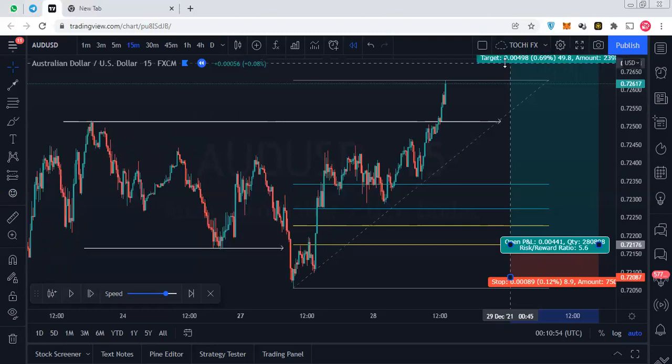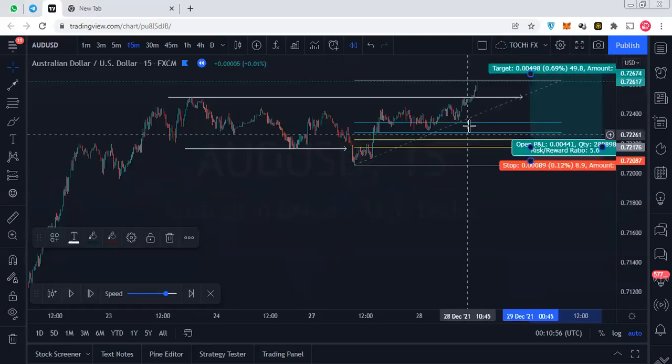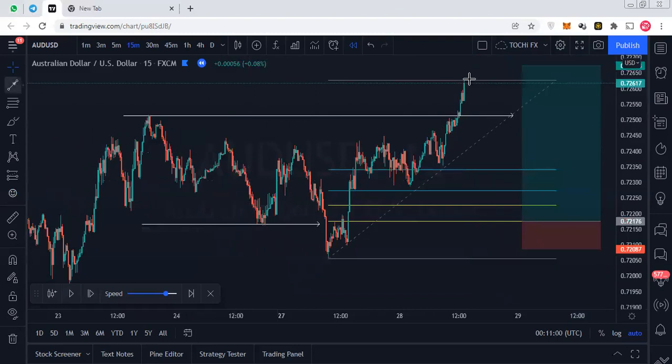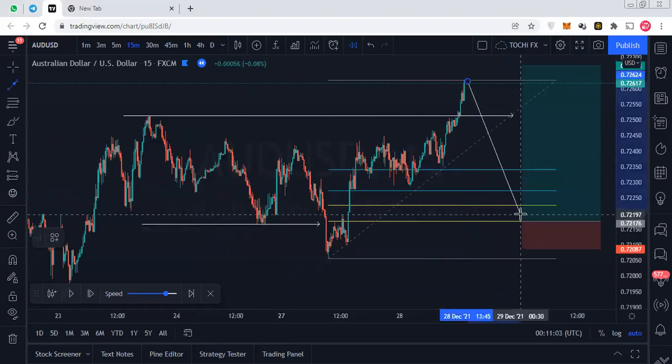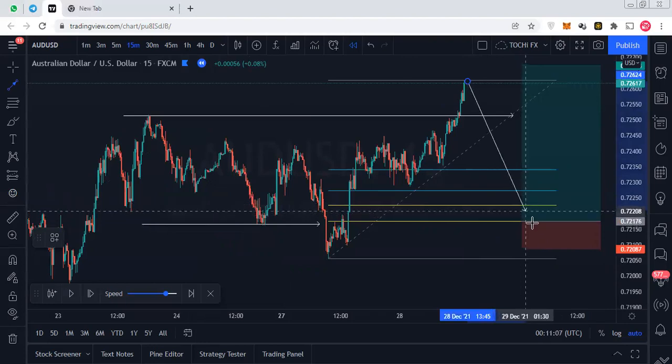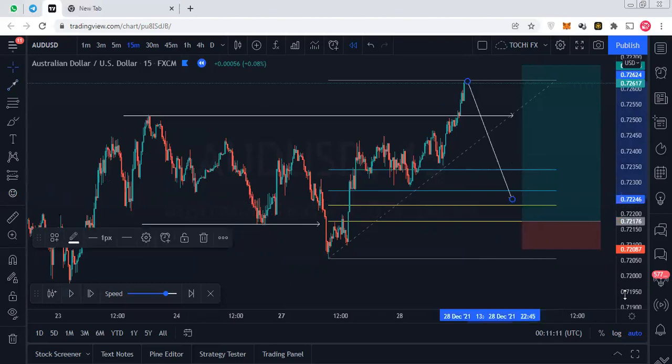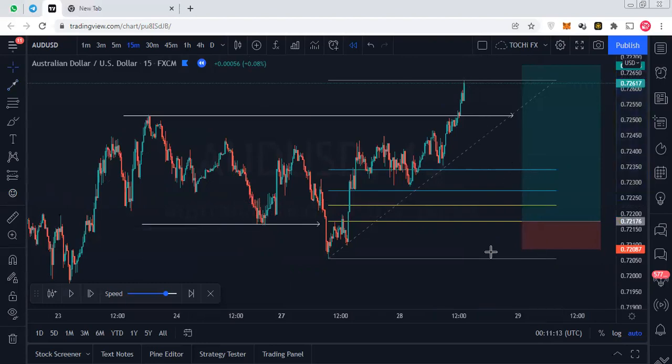Now we are waiting for it to come down to this zone before we can buy.